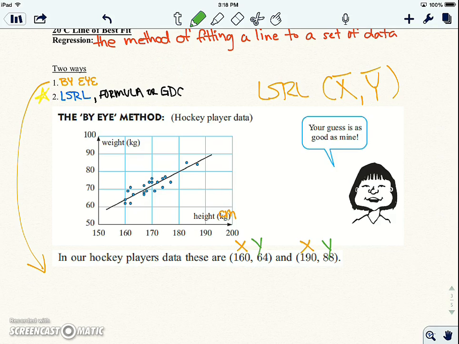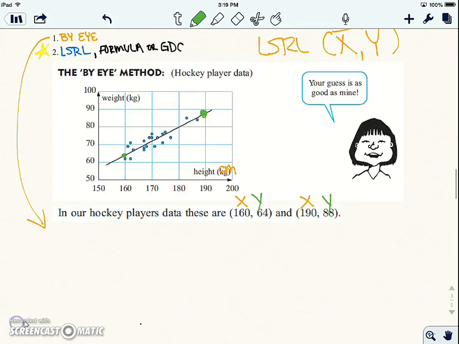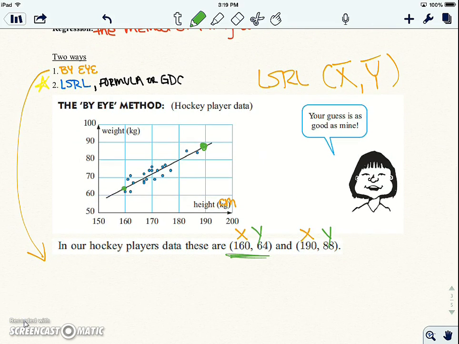So let's first look at those points, the 160 and 64, that's right here. And then the other one, 190 and 88, that's not even a player. So this is an actual hockey player point.